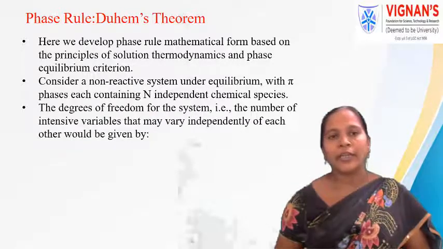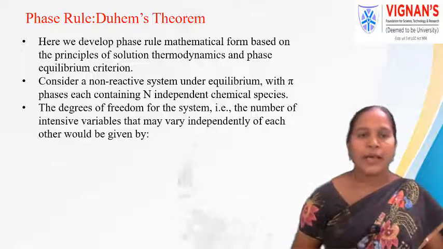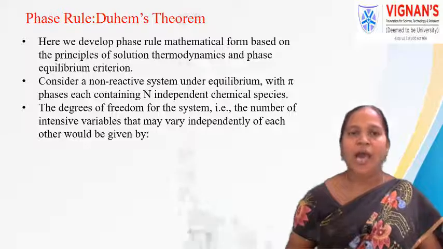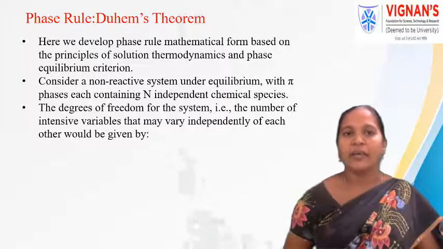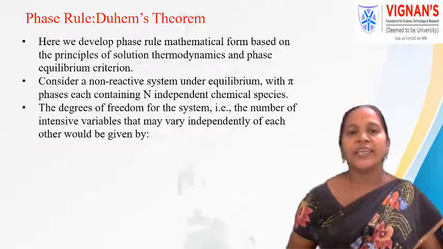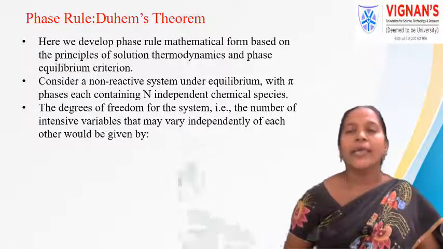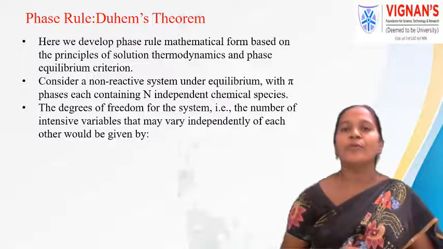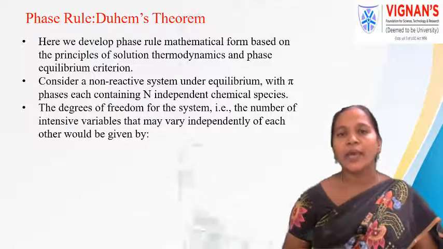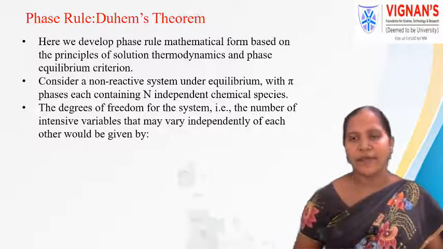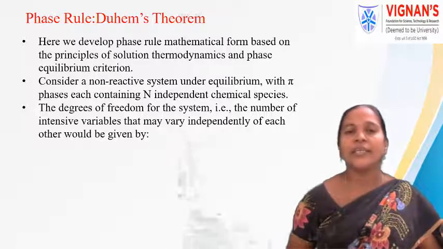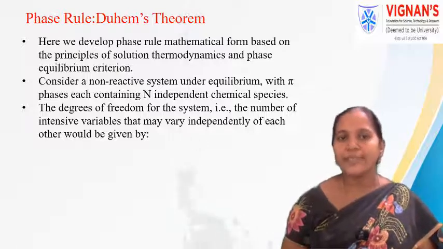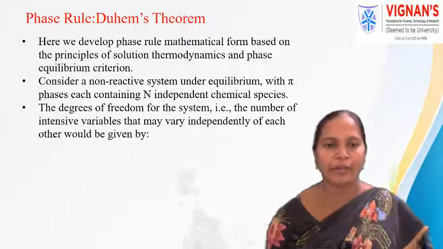The degrees of freedom is defined as the number of phase rule variables which must be arbitrarily specified in order to fix the intensive state of a system at equilibrium.